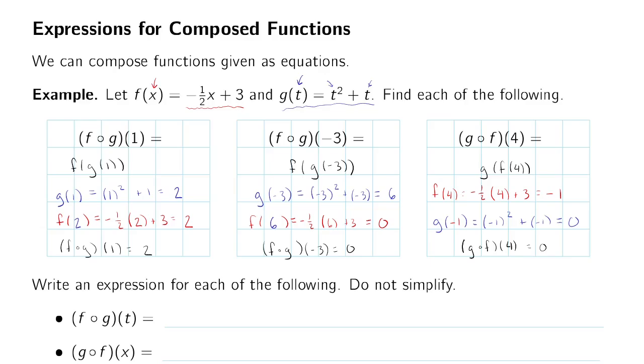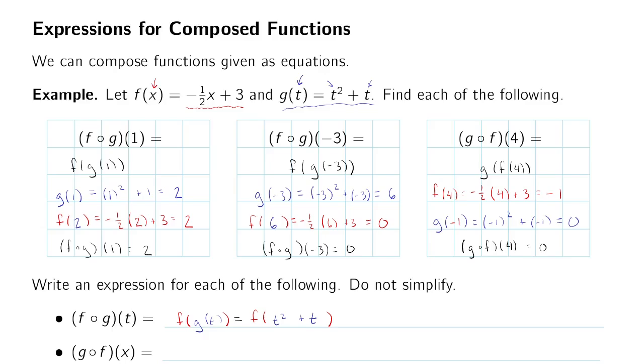To write an expression for a composition, essentially, we just plug one function into the other. So we have f composed with g of t. That means f of g of t. So that means we're going to take the function f and apply it to what g of t represents, so to t squared plus t.